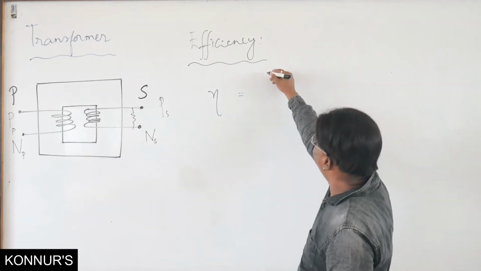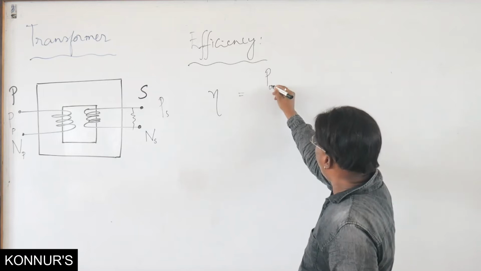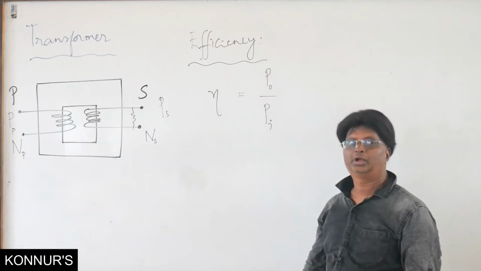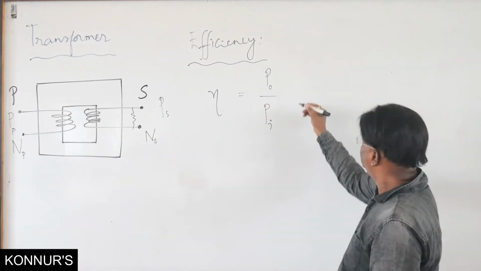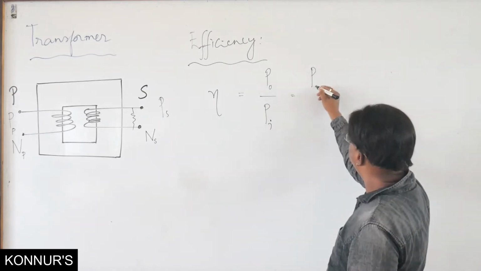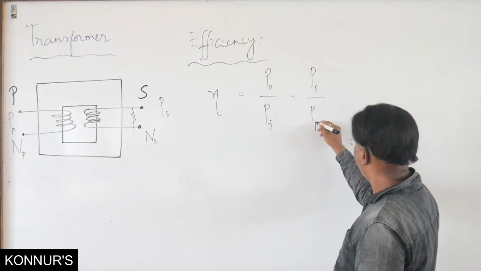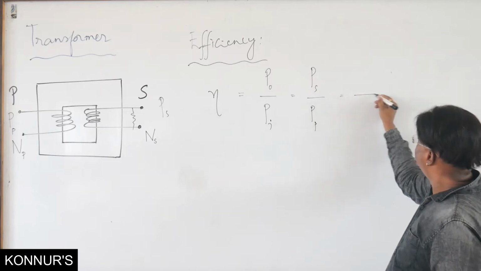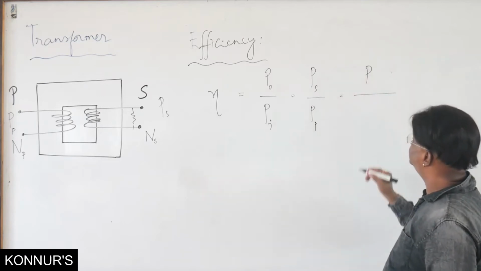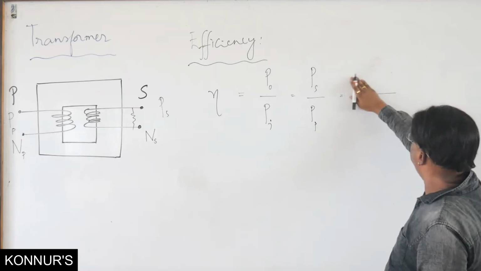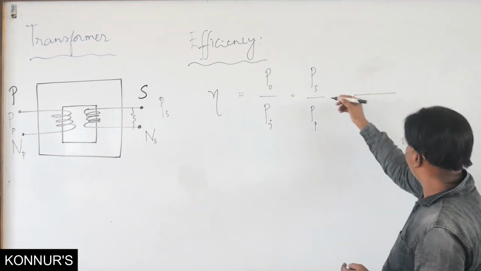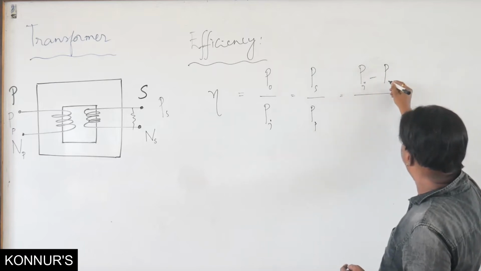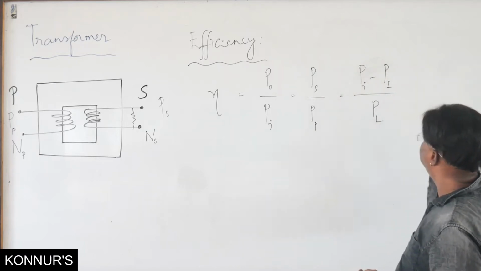Then we define it as output power upon input power, that is, power in the secondary over power in the primary. And if PL is the power of the load, then we write it as PI minus PL by PI.